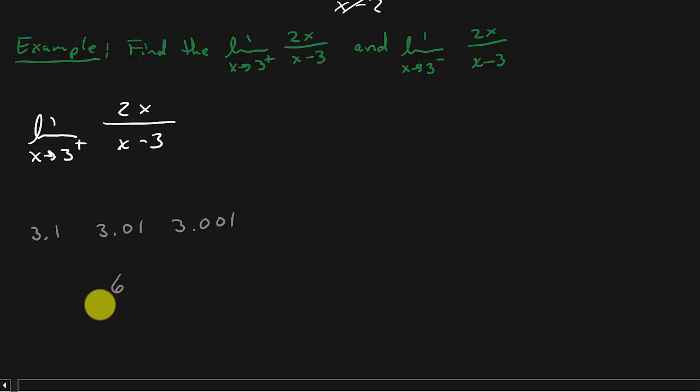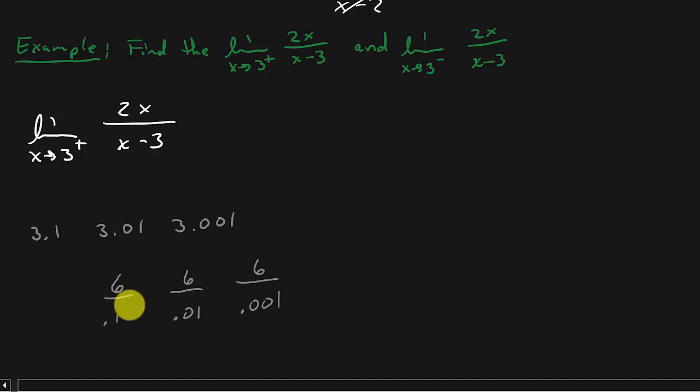It's not going to be much off from 6. But if I plug in 3.1, that denominator is going to be 0.1. The next one is going to be 0.01, and the next 0.001, and so on.